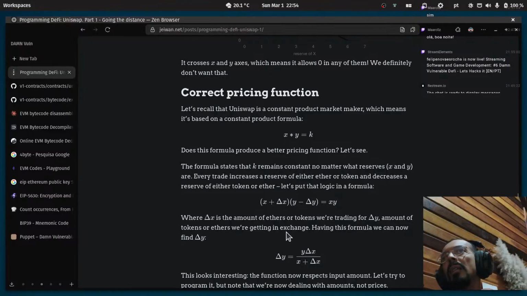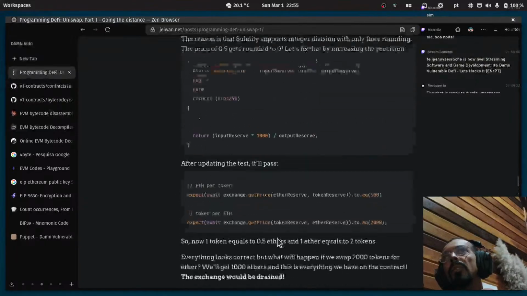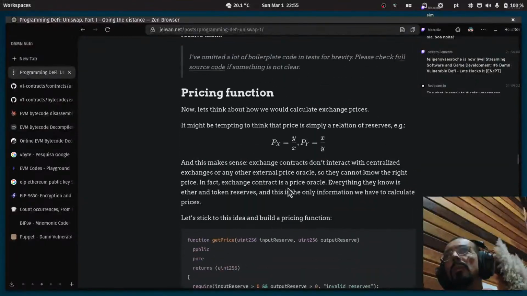So the naive formula just does this, x times epsilon every time.